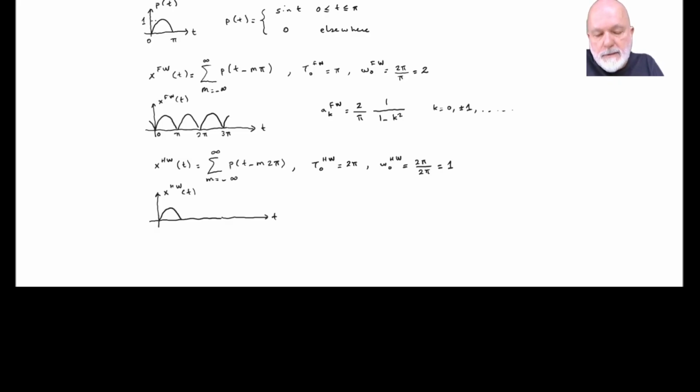So from 0 to pi, it's equal to the sine lobe with amplitude 1. And then it is 0 for t between pi and 2 pi, and then again it repeats. So we have the half-wave rectified sine signal.